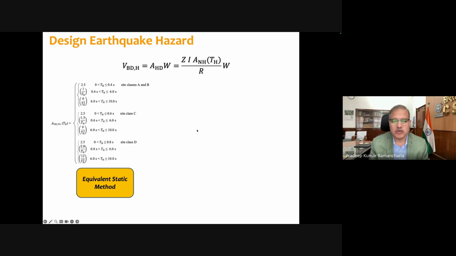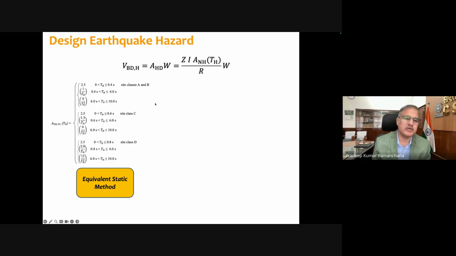Now coming to two methods. The first one is the equivalent static method, that is, the static method. This is given for site classes. As you have seen, there are 3 curves in the design spectrum. For site classes A and B, that is hard soil basically, the formula is given in 3 ranges.